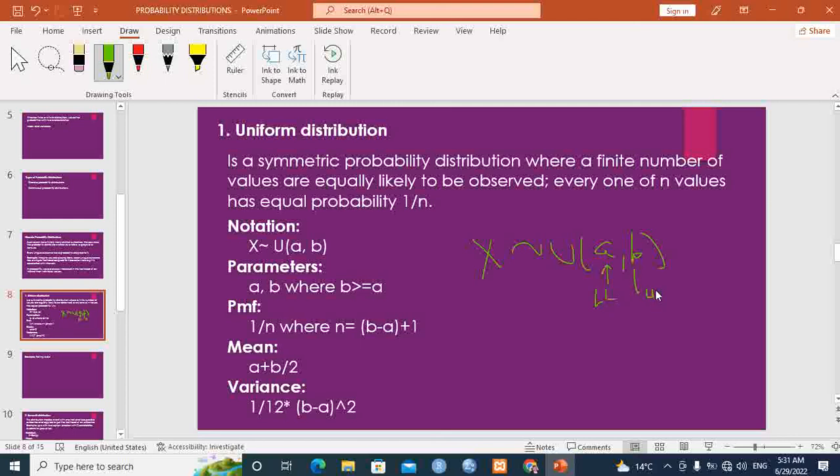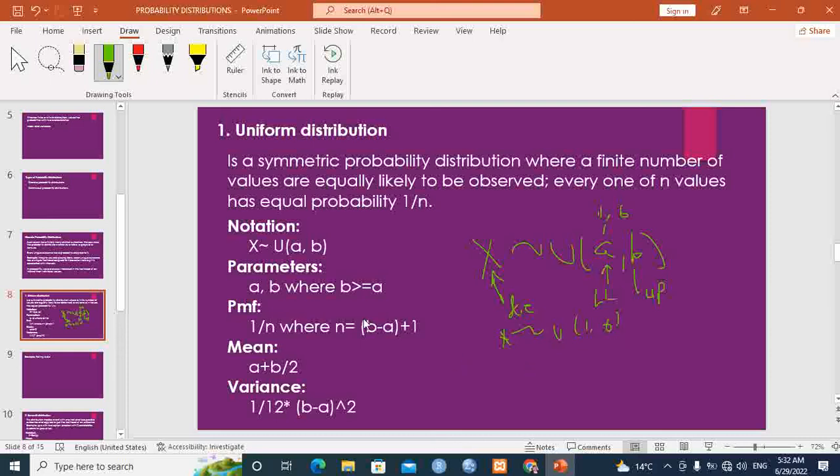For instance, if X is the face of a dice, then we're going to have a as 1 and b as 6. So we'll be saying random variable X follows a uniform distribution with 1 as lower and 6 as upper limit.